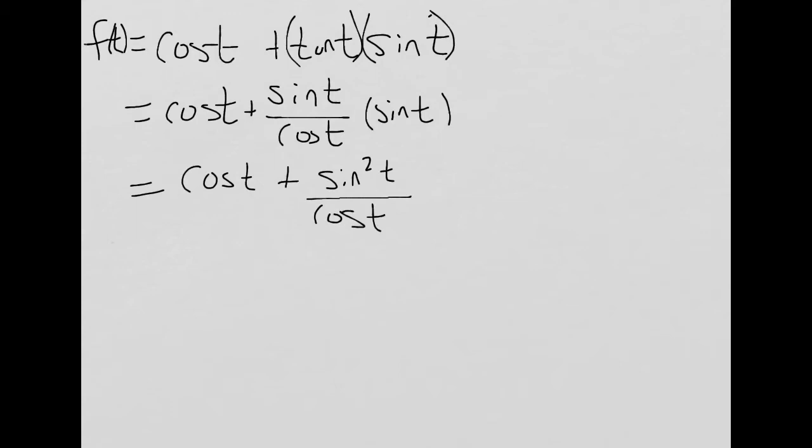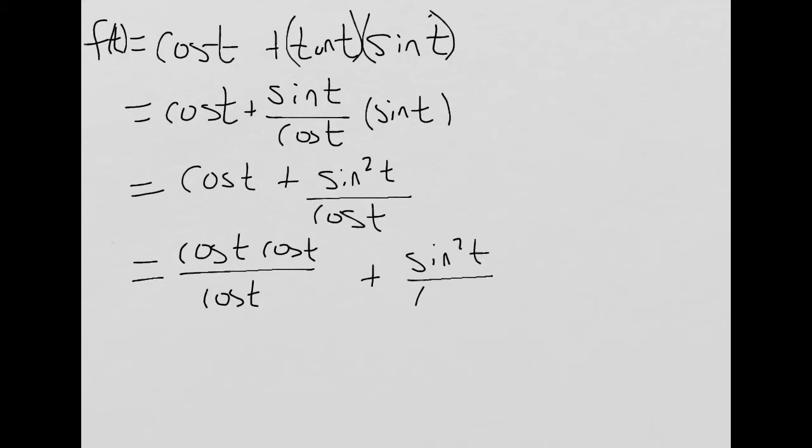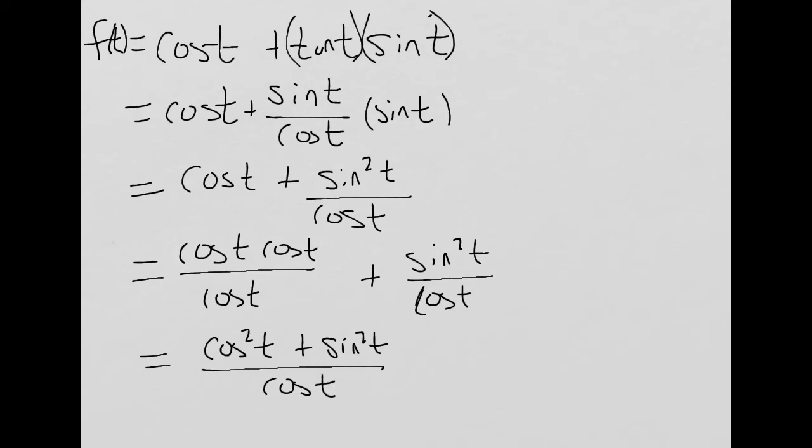Alright, that's not bad. Let's get these over a common denominator. So I'm going to have this as cosine of t. If I want it to be over cosine t, I'm going to need to multiply by cosine t up top. Still have a sine squared t over cosine t here. Combining these, I have cosine squared of t plus sine squared of t all over cosine of t.